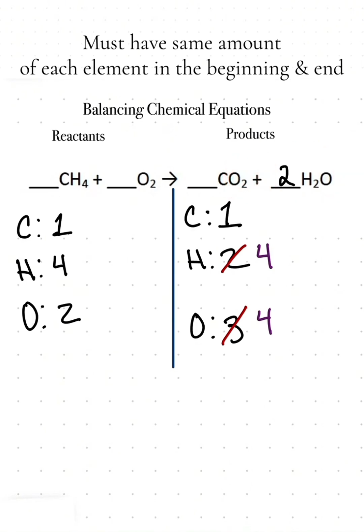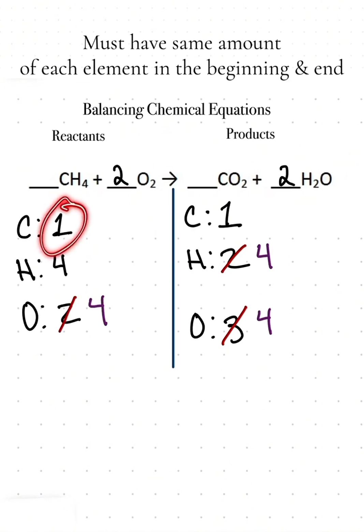So now, how do I get my oxygen on my reactant side to equal my oxygen on my product side? Well, I can write a coefficient of 2 in front of the oxygen, as we did here, because 2 times this would give us 4. So now let's recount.